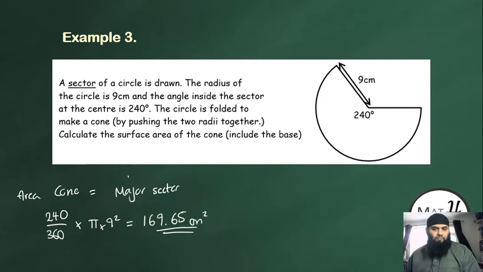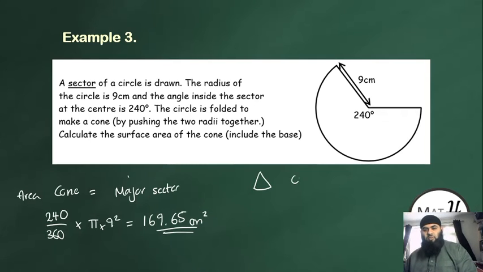Now, to find the radius of the cone, when this major sector becomes a cone, we have to really understand what that means.